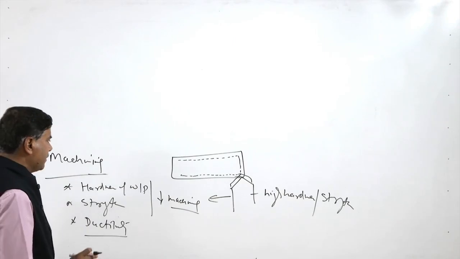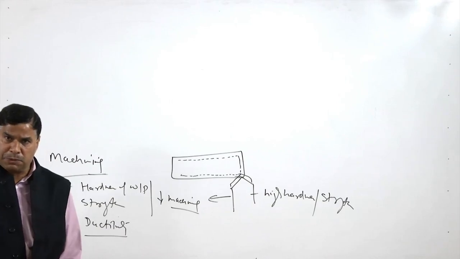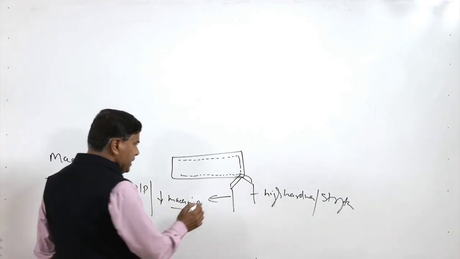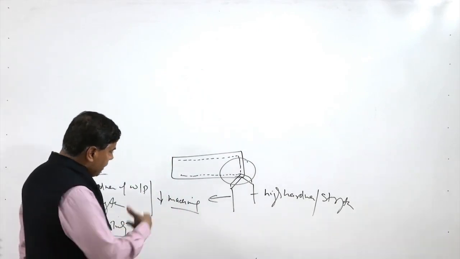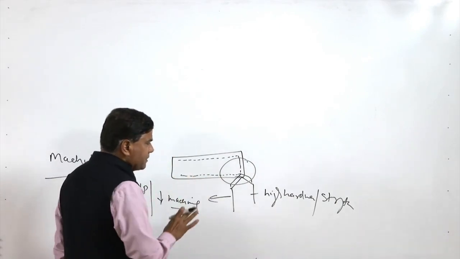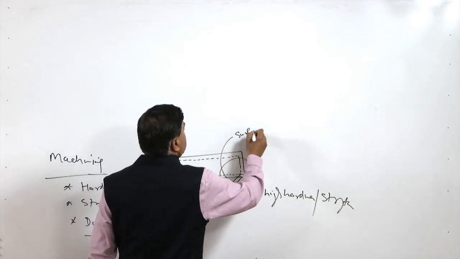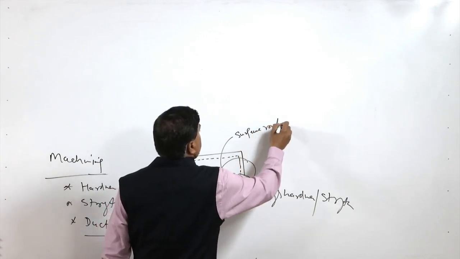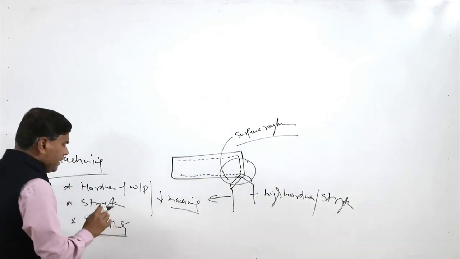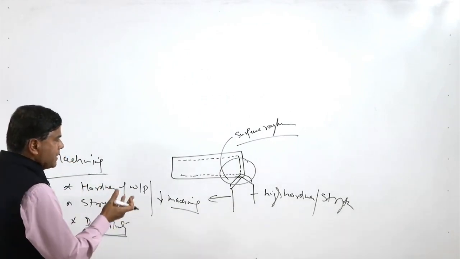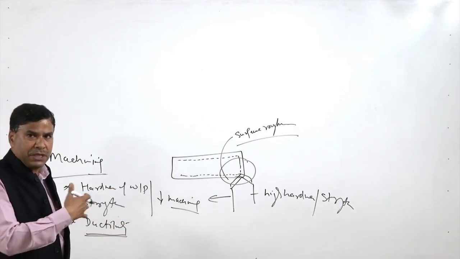Ductility also affects machining. If the material has too high ductility, then it will form very long curly chips, which will make the machining zone very clumsy, and the chips will rub against the machined surface of the component, which will adversely affect the surface roughness. So, it is good that the ductility of the material is limited, otherwise it will form very long curly chips, which need to be taken care of.